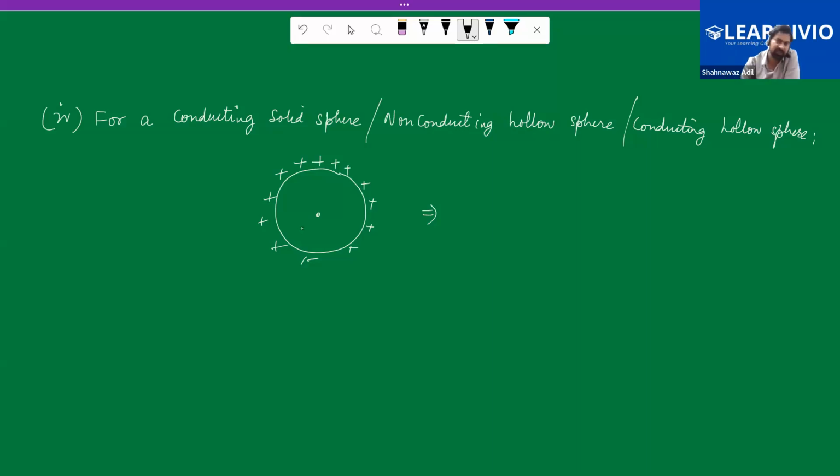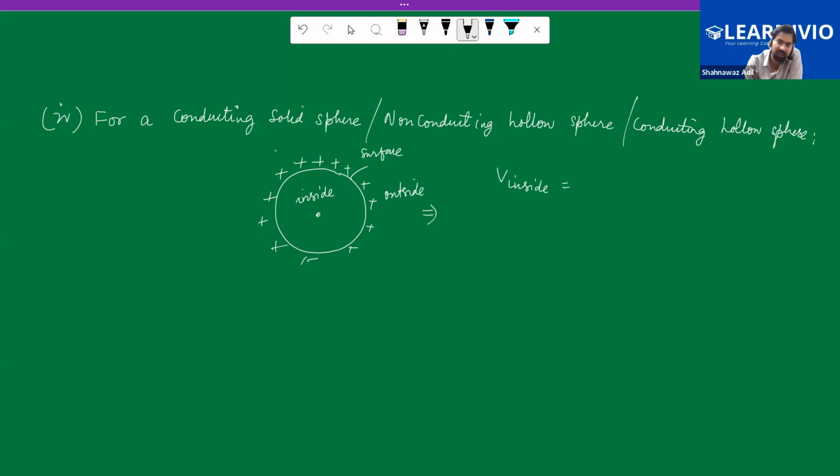So for this kind of distribution, there are three regions for the potential: one is inside, then you have the surface, and then you have outside.